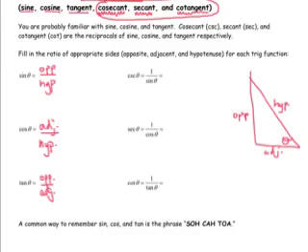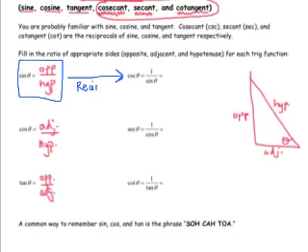Alright, for the second part, these are the new ones. If you can remember sine theta is equal to opposite over hypotenuse, then cosecant is its reciprocal. What reciprocal means is you flip. Top goes to bottom and bottom goes to top. So instead of opposite over hypotenuse, it's now hypotenuse over opposite.